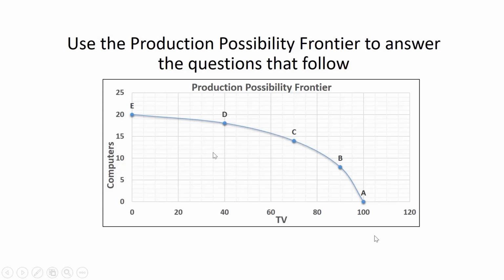But when we produce within the PPF, our production is inefficient because at any point we can increase production of one of the commodities without reducing any of the other commodities. This is the basic concept we have to keep in mind as we move on to go through the questions.